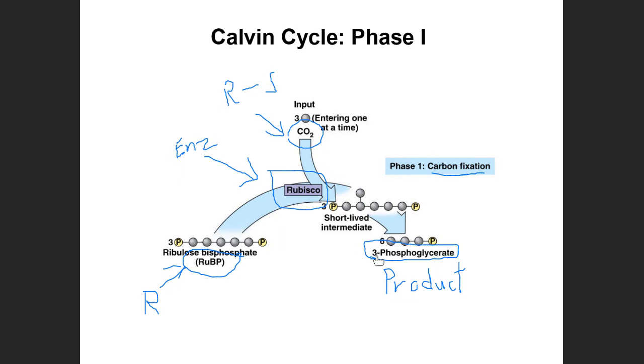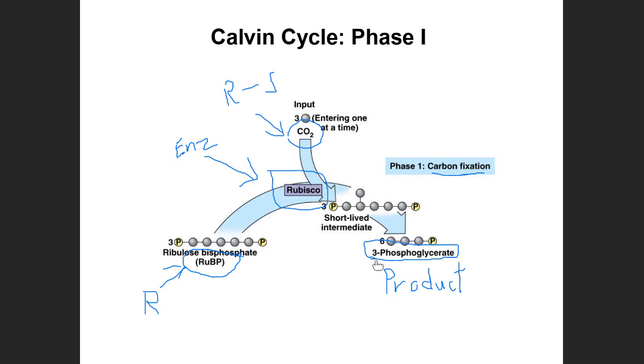I'm not going to test on the specifics, but just to let you know, in 3-phosphoglycerate, the glycerate is in reference to a molecule with the 3-carbon backbone. The phospho is in relation to this phosphate group, one of 7 functional groups.